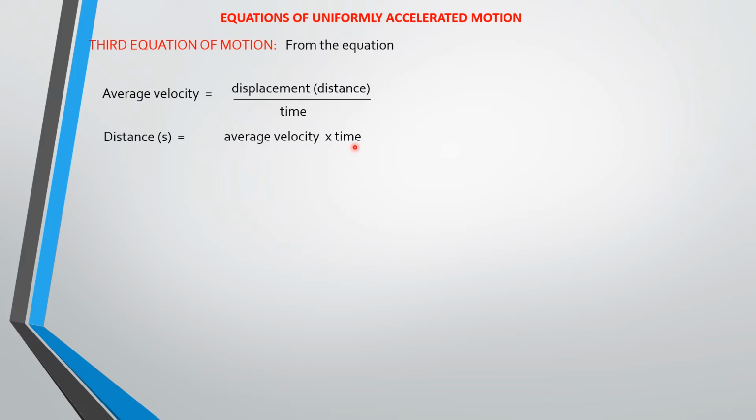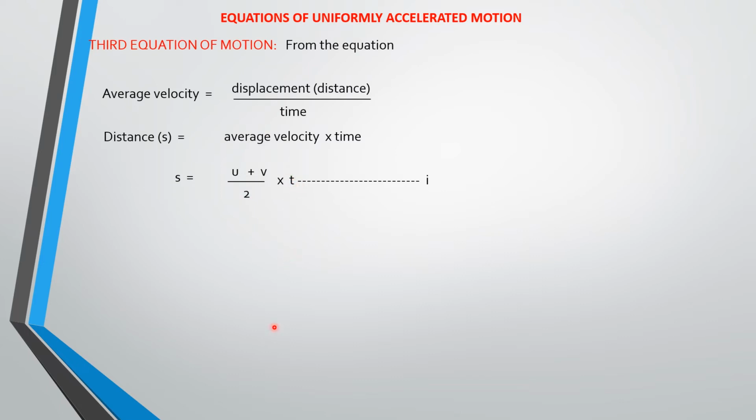From the second equation, average velocity is equal to initial velocity plus final velocity all over 2, times time.